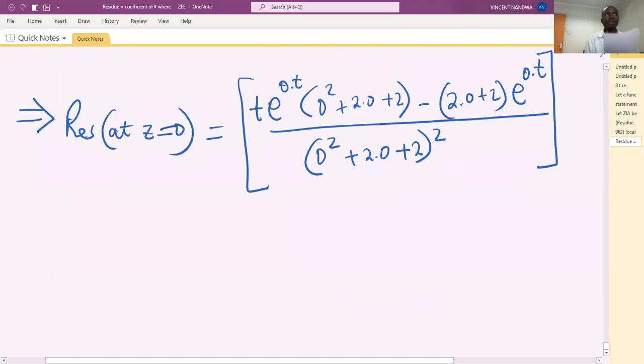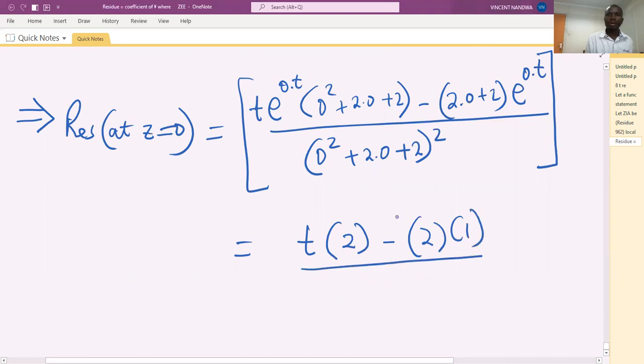e raised power 0 is 1. So we'll have t into 2 minus 2 times, this will give us 1 divided by 2 squared.